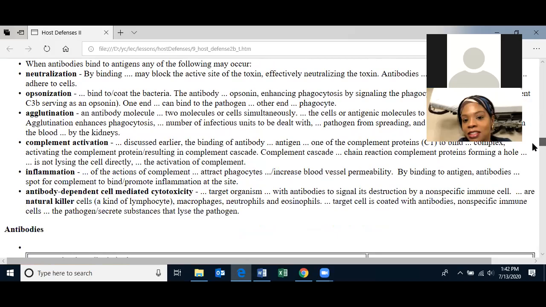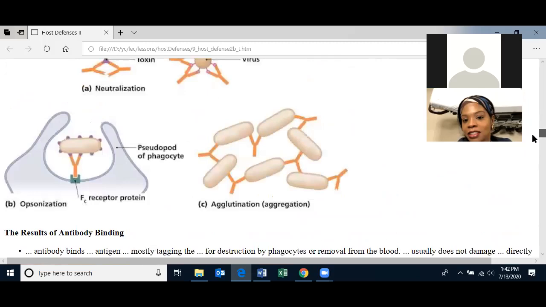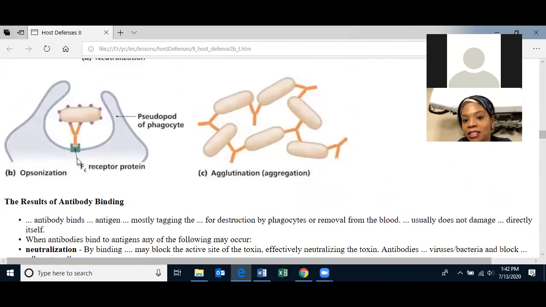All right. The last result that I'm going to talk about is antibody-dependent cell-mediated cytotoxicity, where the antibody binds to the pathogen and then can bind to a phagocyte. But in this case, the phagocyte doesn't phagocytize the pathogen.